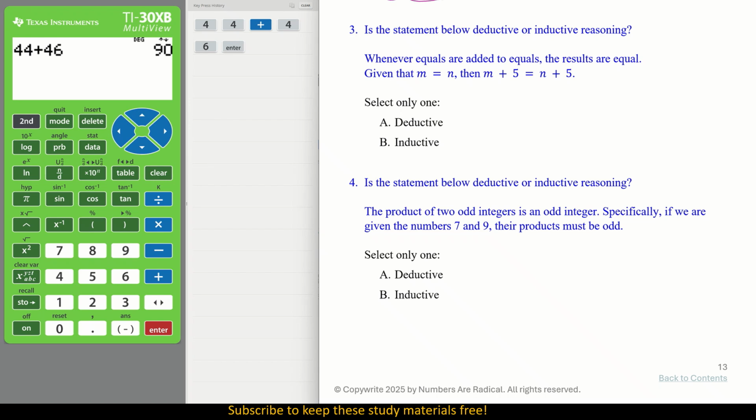There's nothing specific. And then they go to something mildly specific, not exactly, because 5 does equal 5. That screams deductive reasoning. There is nothing inductive about that.